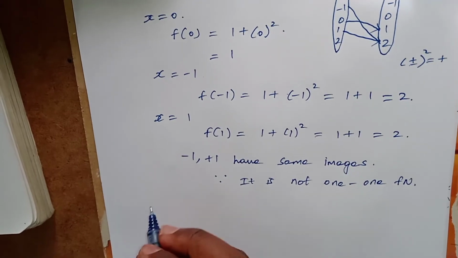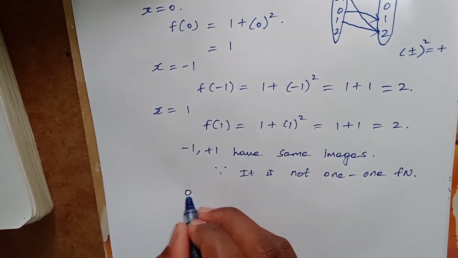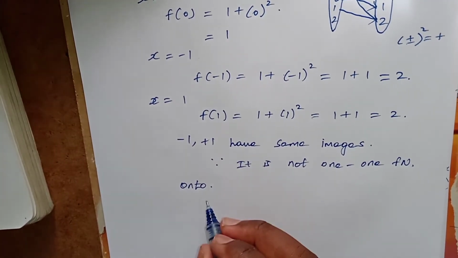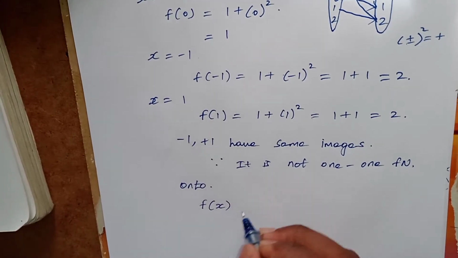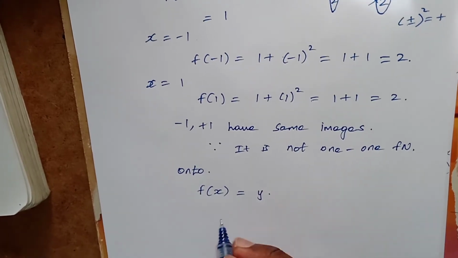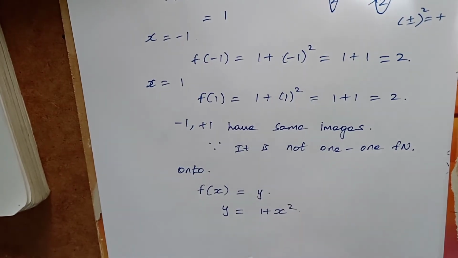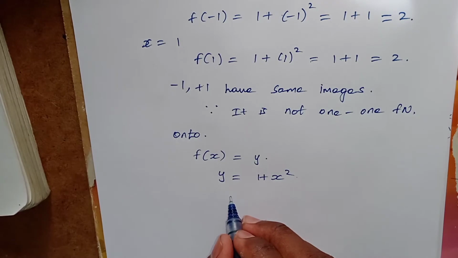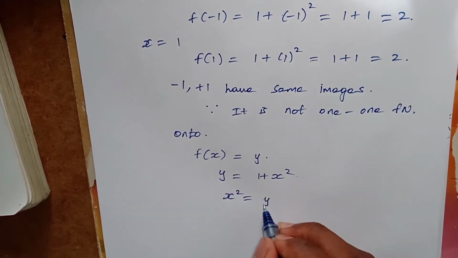Okay, the second condition, onto: checking whether it is an onto or not. f of x equal to y. Therefore y equal to 1 plus x squared. Here I need only x on the left hand side, therefore x squared equal to y minus 1.